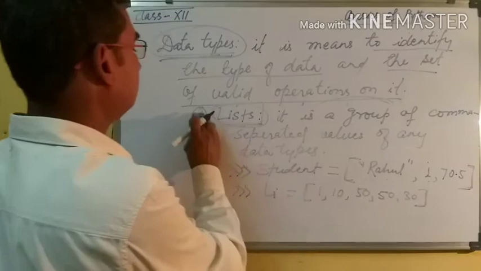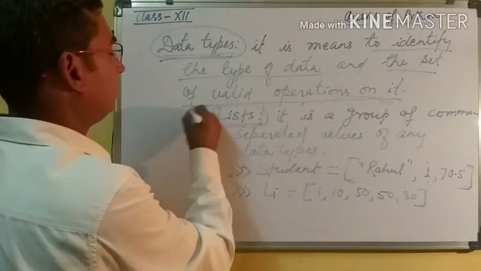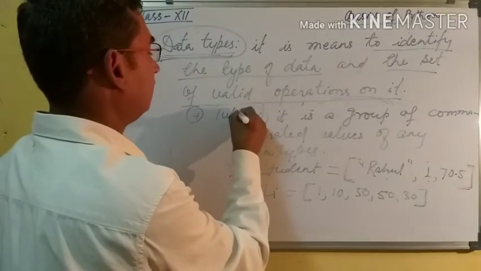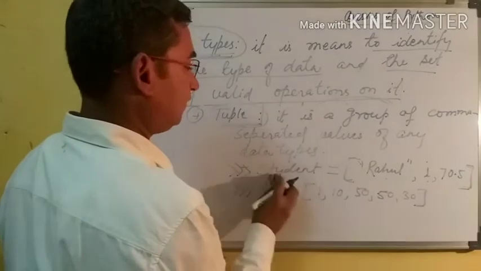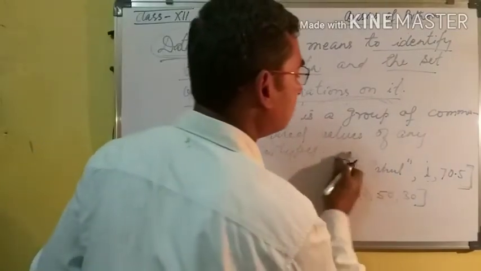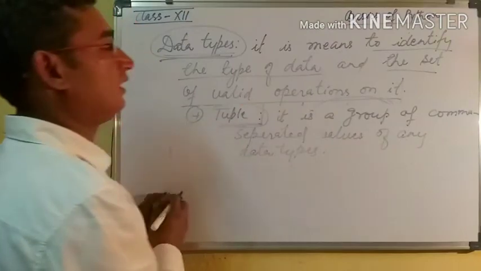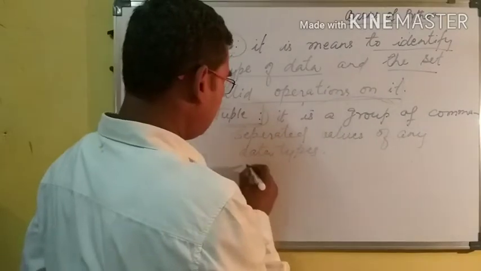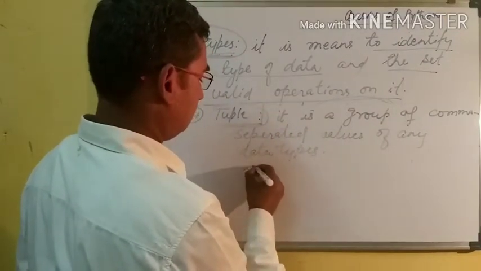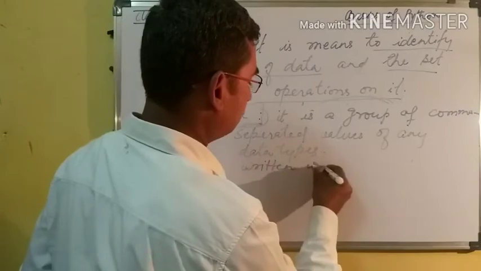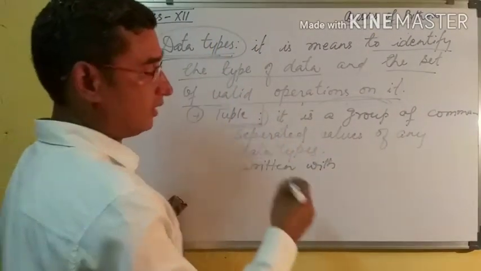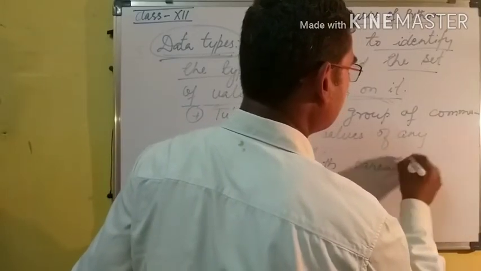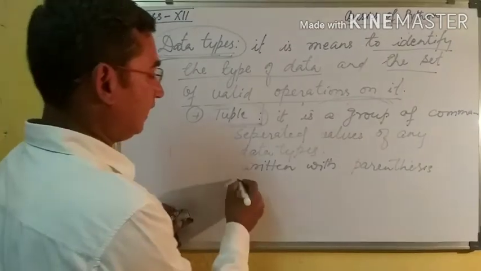Next one is tuple. It is a group of comma separated values of any data types, and it is written with parentheses.